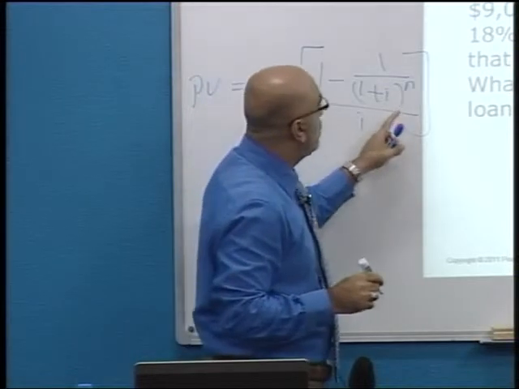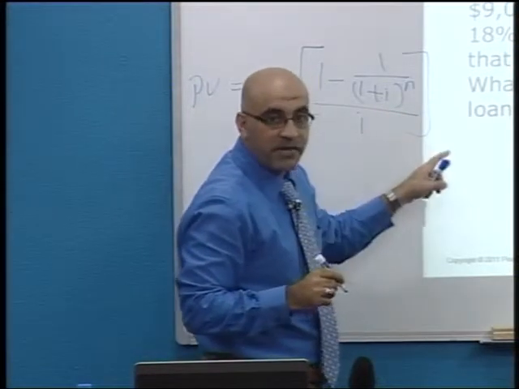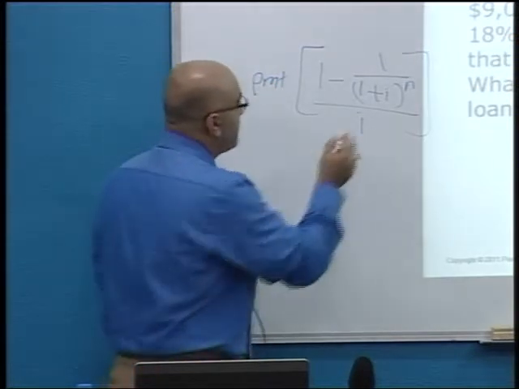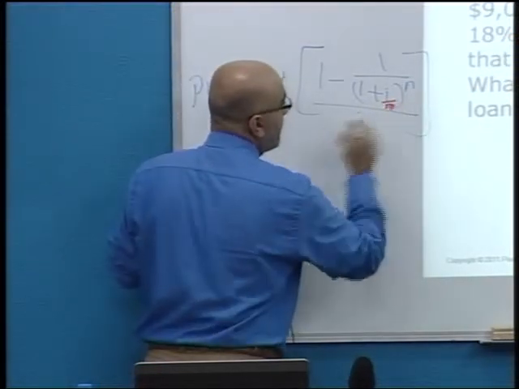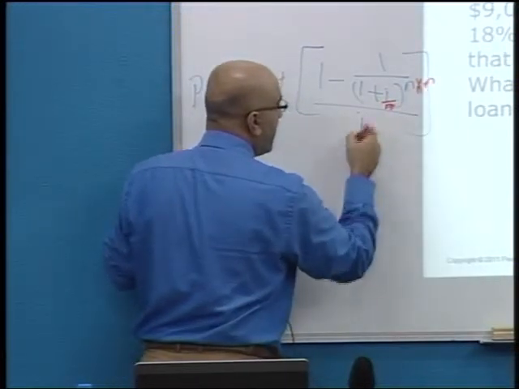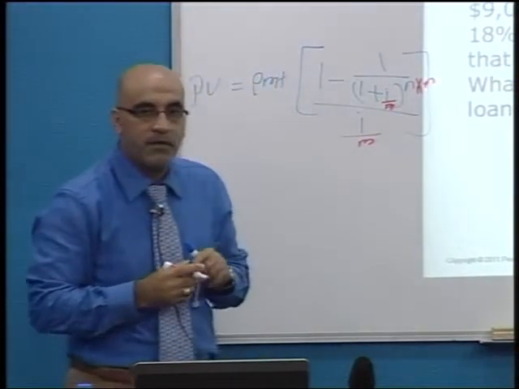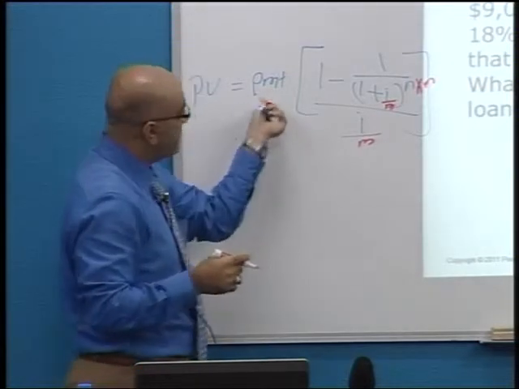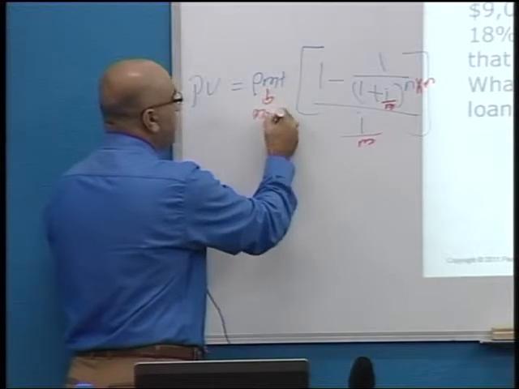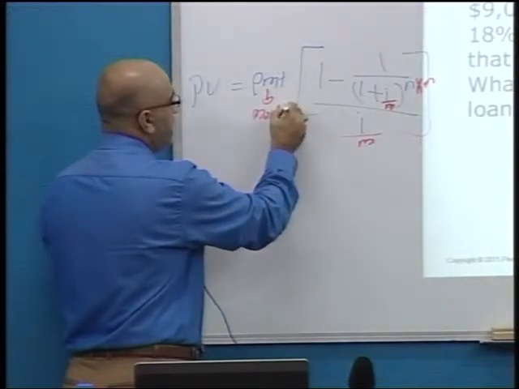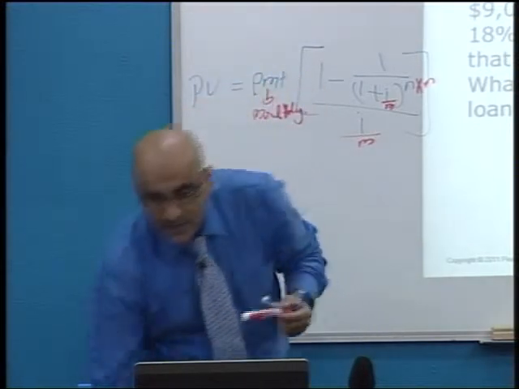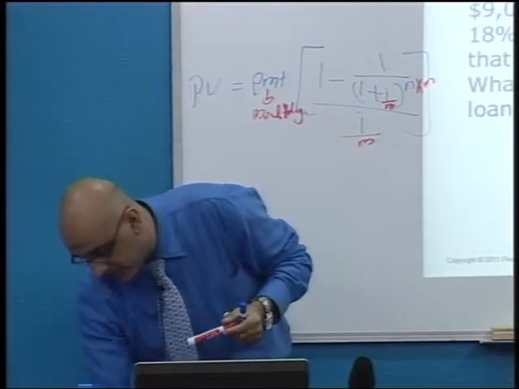If we want to calculate based on the monthly payments, what we should do is divide this by m, multiply the number of periods by m, and divide i by m. So this payment will be calculated based on monthly. This is the idea of the monthly payments.